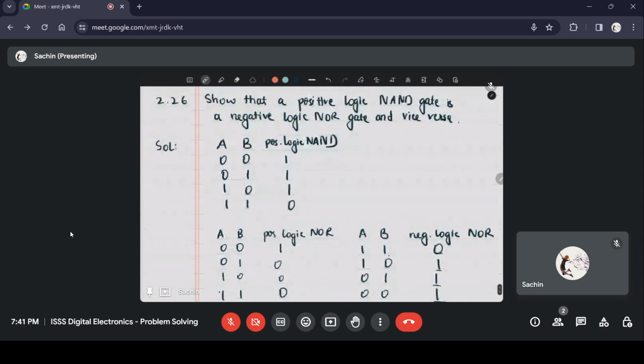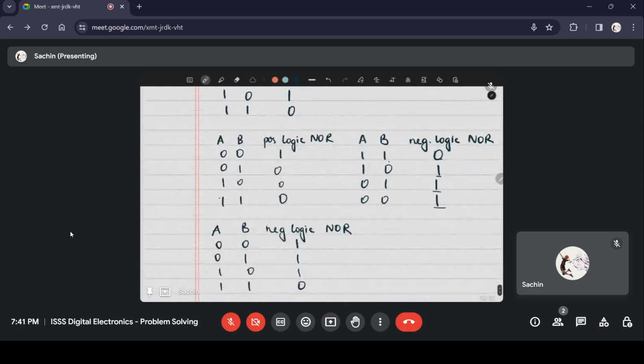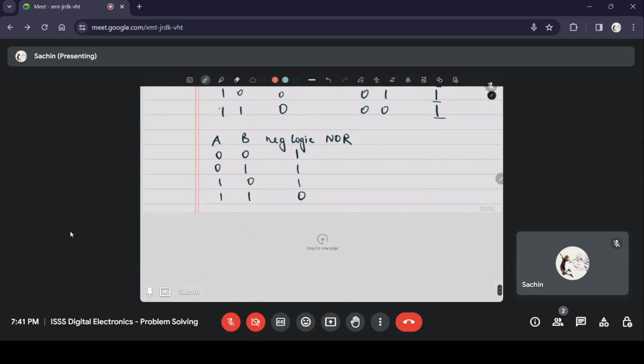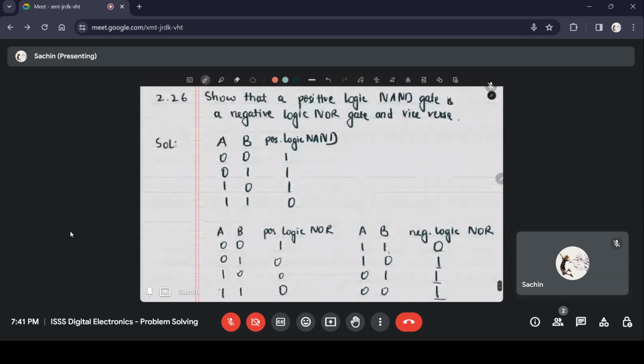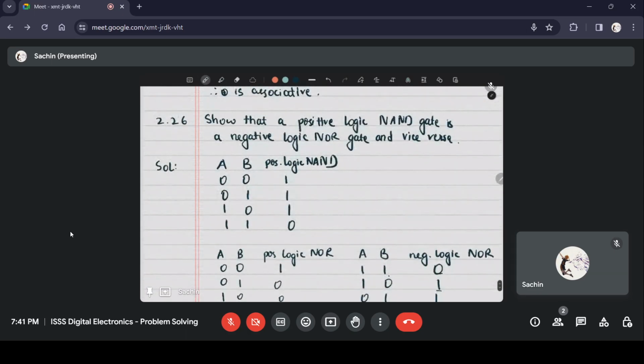So the two tables match for the positive logic NAND and negative logic NOR. So this is enough for two input gates, but it is also true for multiple input NAND and NOR gates. A positive logic NAND is equivalent to a negative logic NOR.